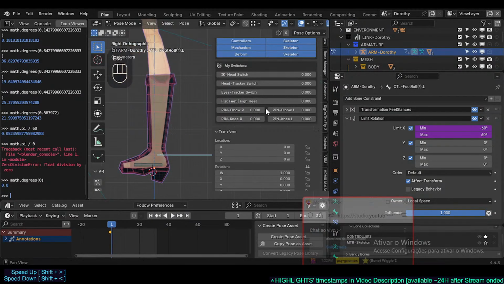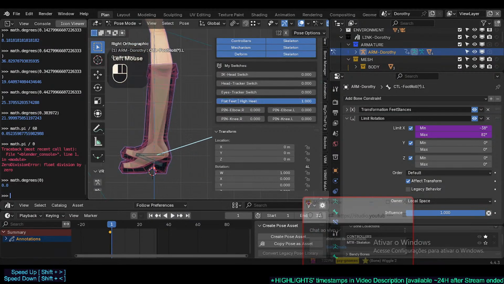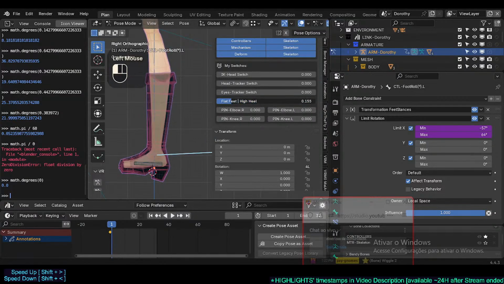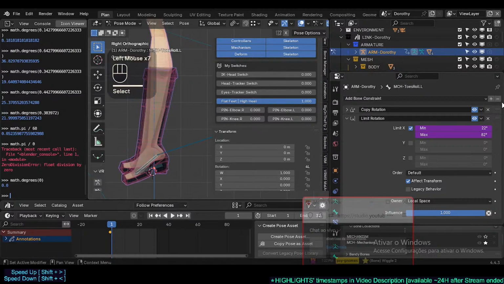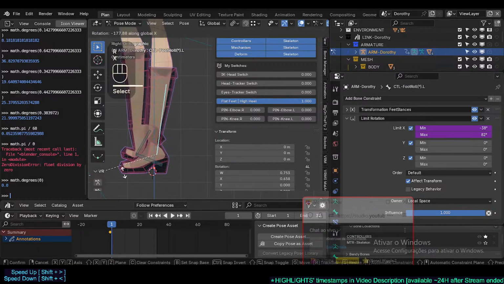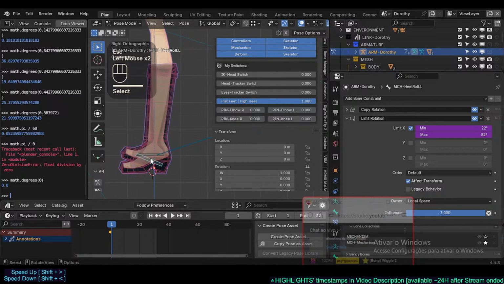Okay, then when I add the high heel, it might not seem so, but possibly both are broken.